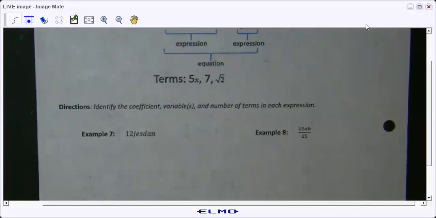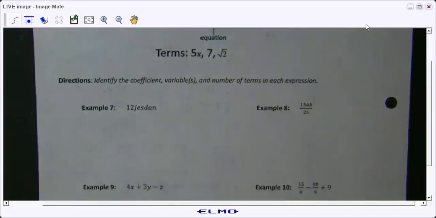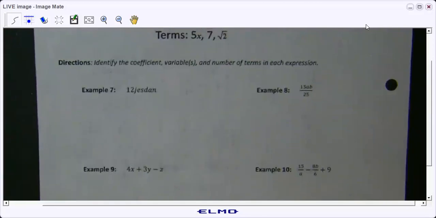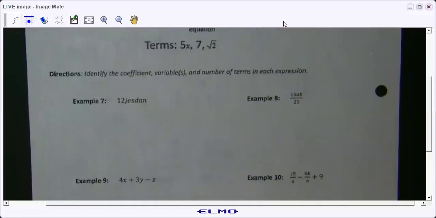All right. So let's look at these 4 examples. The directions tell us to identify the coefficient, variables, and number of terms. And this is what it will say in your homework.